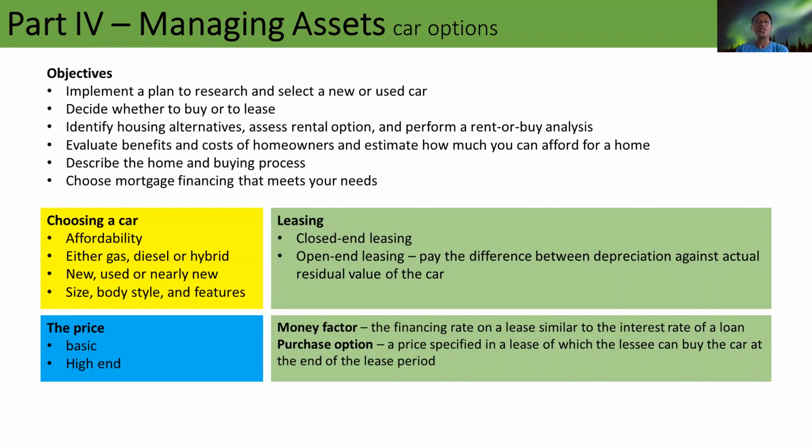With car options, you are going to choose, no? It's your option. The criteria for choosing a car is number one, affordability. Now, there is what we call affordability ratios later on for the housing project. And for a car, that all depends on the monthly installments or the down payment itself.